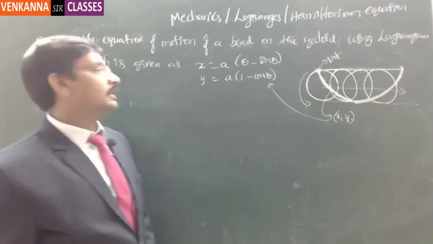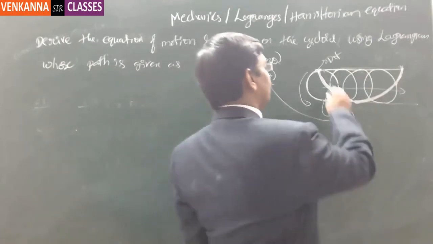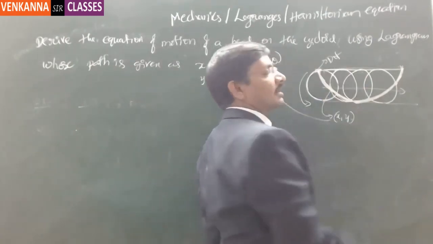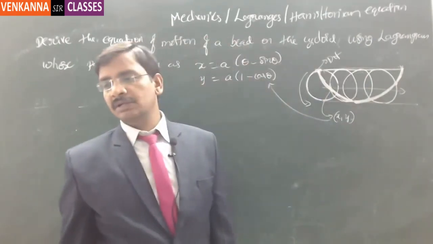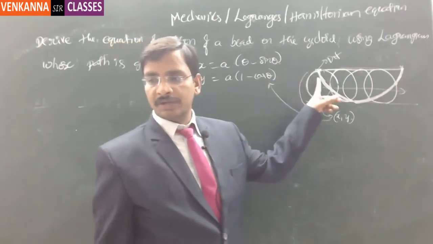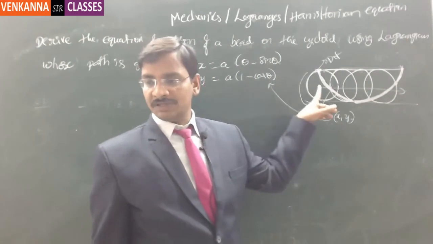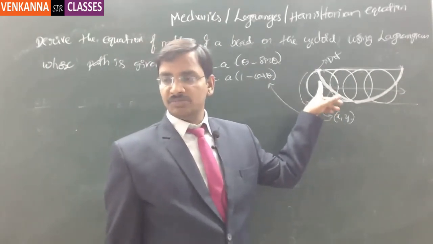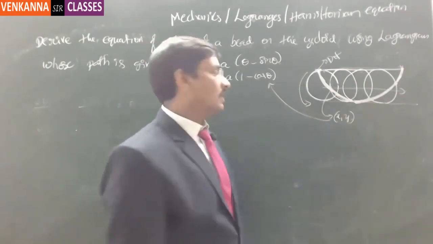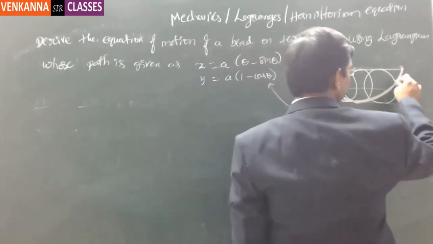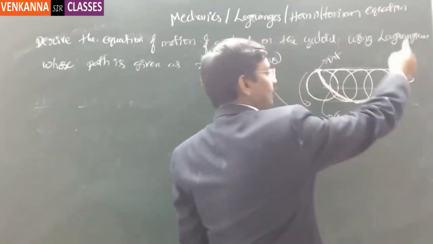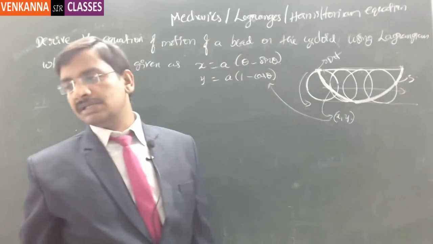So what you need to identify here is, when we are talking about the displacement, the displacement has to be traversed along this particular line. These are the x, y coordinates of that particular point. Now when it is moving on a path, it traverses a displacement of s. So the path is s.